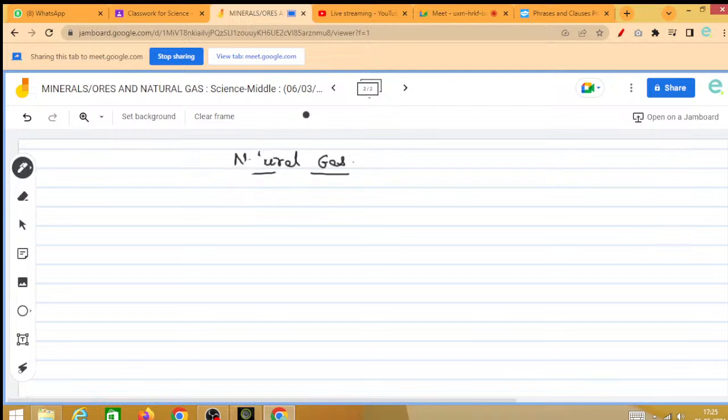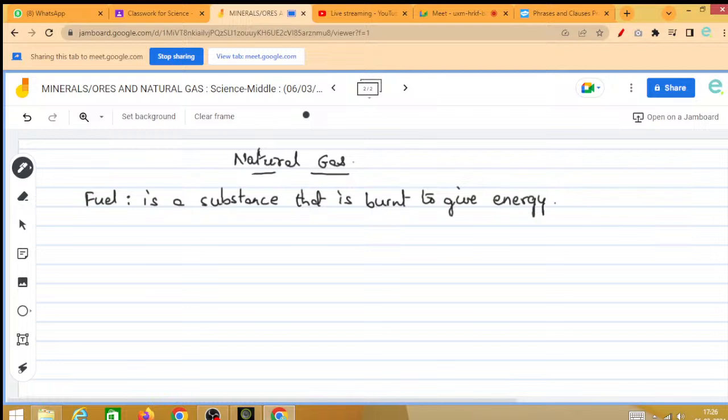Something which burns to give what? So fuel is a substance that is burnt to give energy, right?